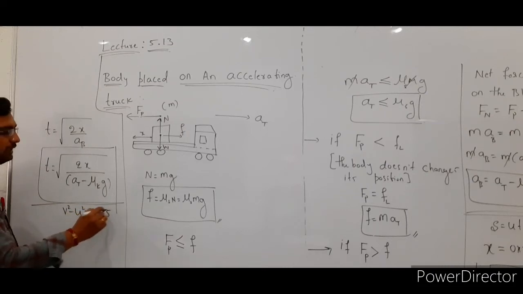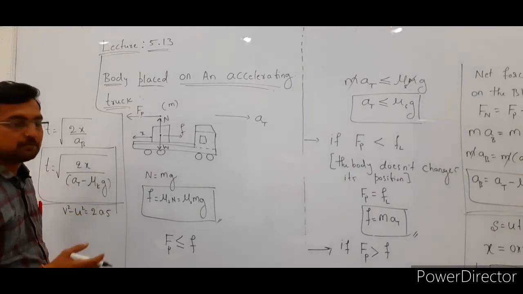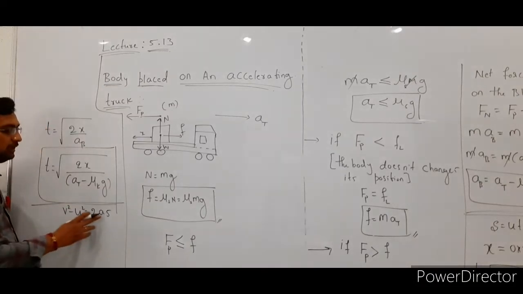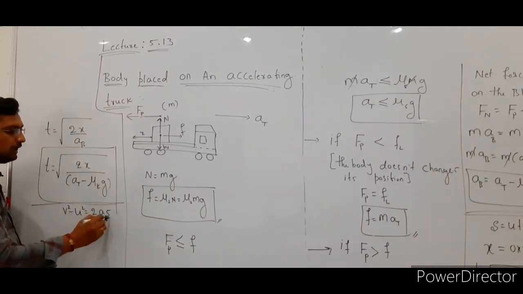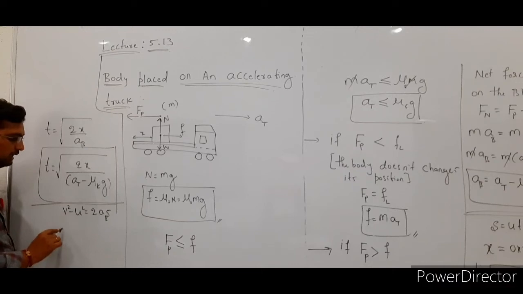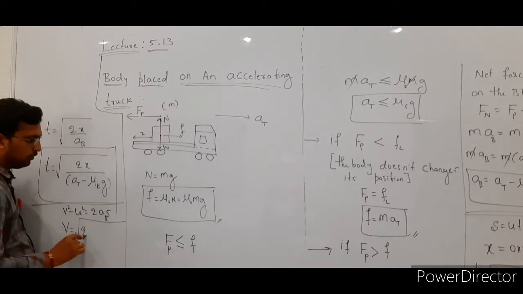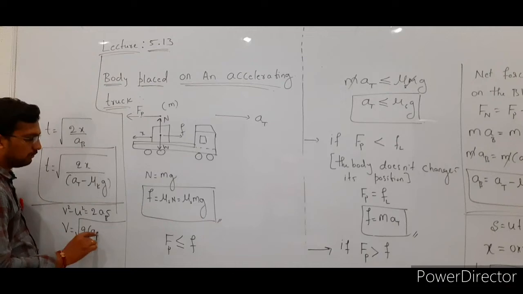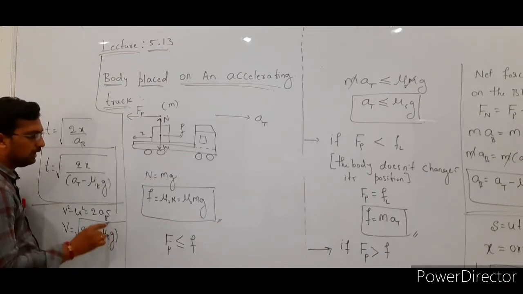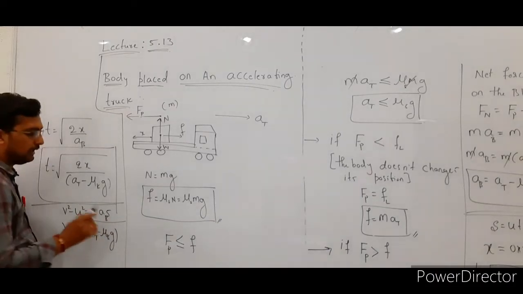Initially the block is at rest, so the initial velocity is 0, then this is the acceleration of the block and this is the distance. So v is equal to under root of 2 into the acceleration of the block, which is a_t minus mu_k into acceleration due to gravity, into s.